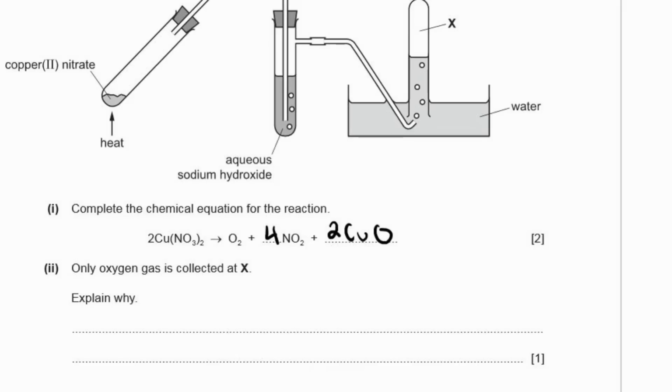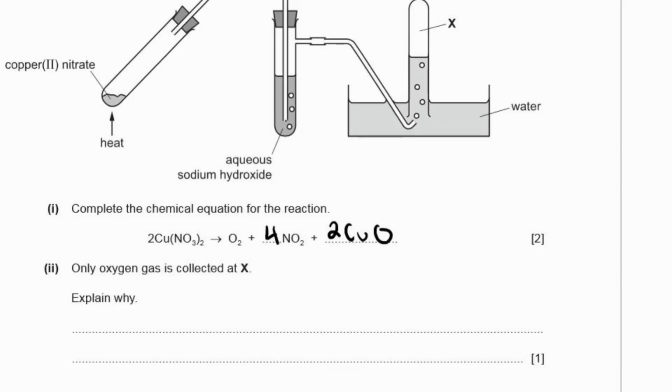2. Only oxygen gas is collected at X. Explain why. All right, so copper oxide, well, that's a solid. So that's not going to be a gas pushed through these arms. Okay, the other 2 gases, we have nitrogen dioxide and oxygen. Now, nitrogen dioxide is acidic.